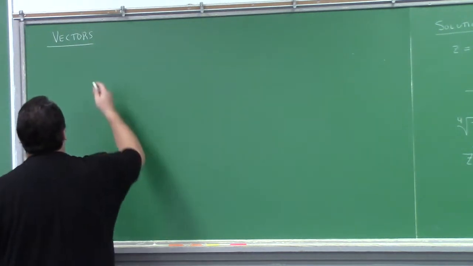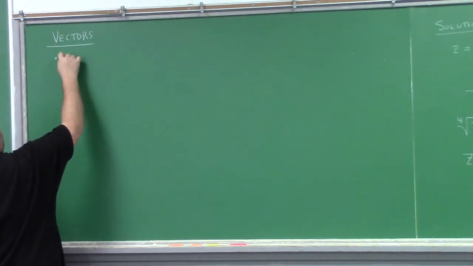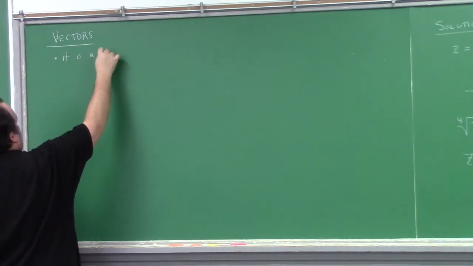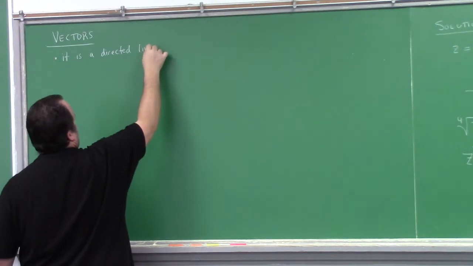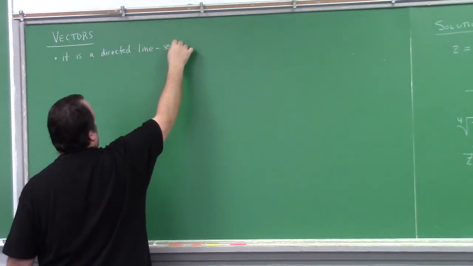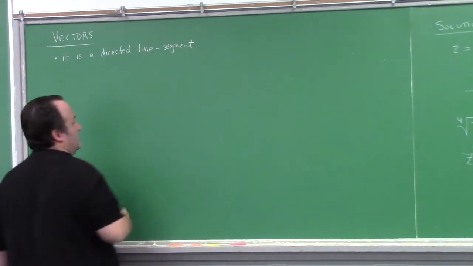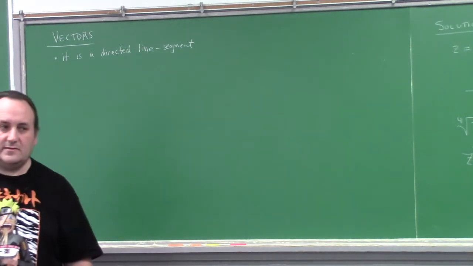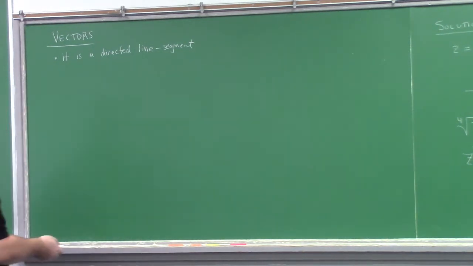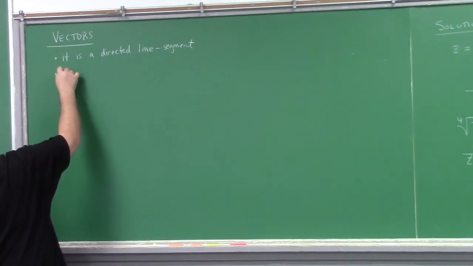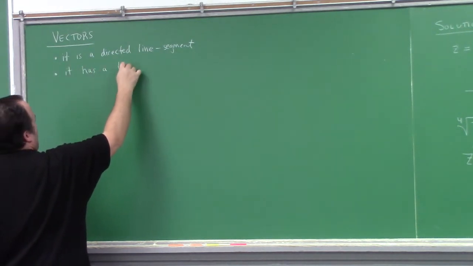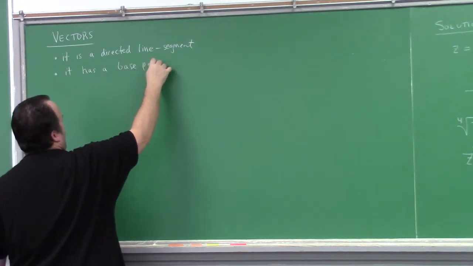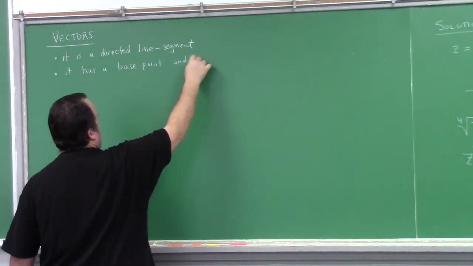So a vector is basically, you could think of it this way, a directed line segment. You could describe a vector as a directed line segment. So it has a base point and a terminal point.